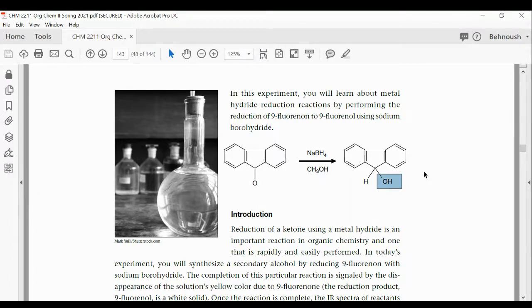That makes sense if you compare the reactant and product, or look at the balanced equation: in the reactant you would have the CO double bond, in the product you have the OH. But we always take the IR of the product because we want to show that yes, the product has formed.